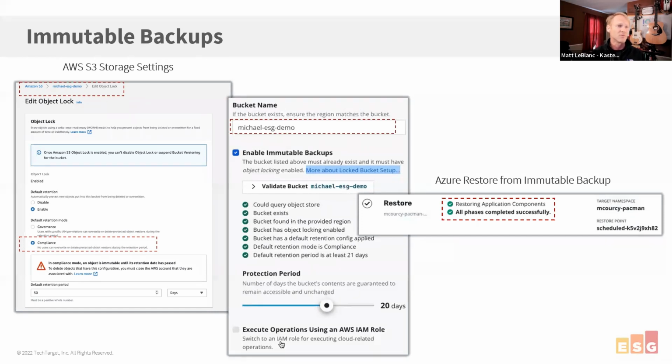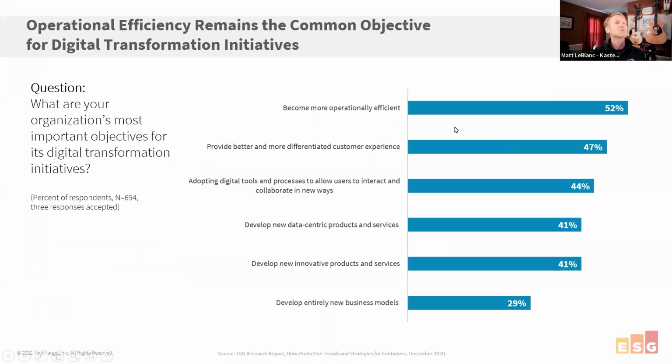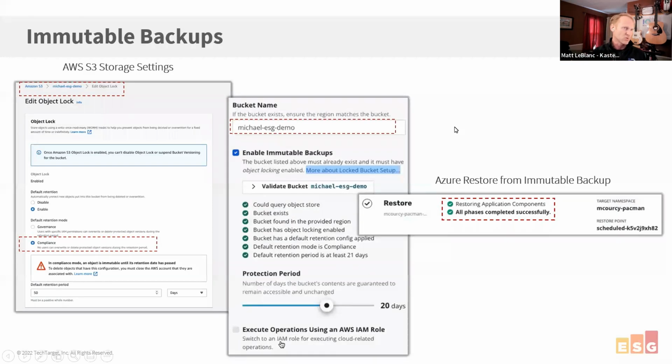It's really just a matter of setting up your S3 or Azure Blob storage for the immutable copies, and then you'll be able to create a new location profile within Kasten. This is basically the answer of where do you want to send your backups. You're going to send them to your S3-compatible storage with immutable copies. It's pretty easy to set up, and it only takes probably 2 minutes. Great.